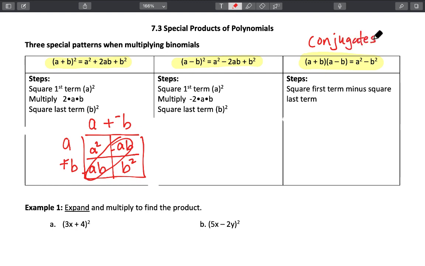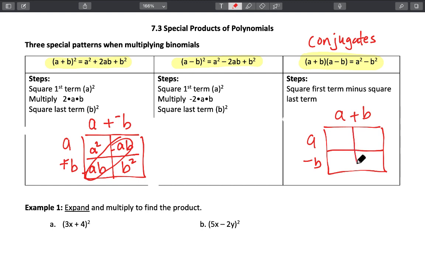Now, the last one is the product of conjugates. Conjugates are the same except for the signs between their last terms. So we have a plus b being multiplied by a minus b. An interesting thing happens when we take this product. We have a times a, which is a squared. Then a times a positive b, which is positive ab.